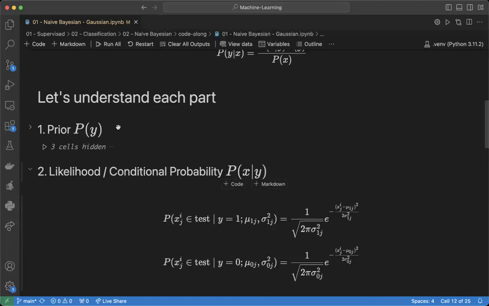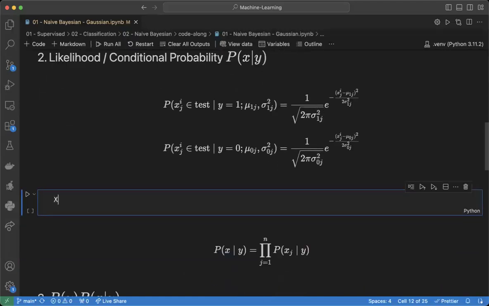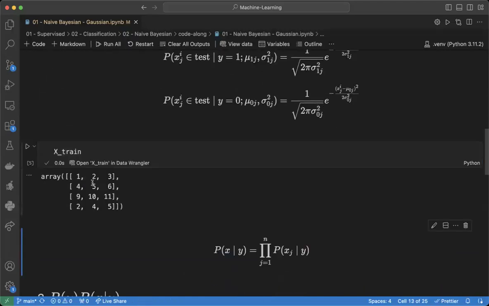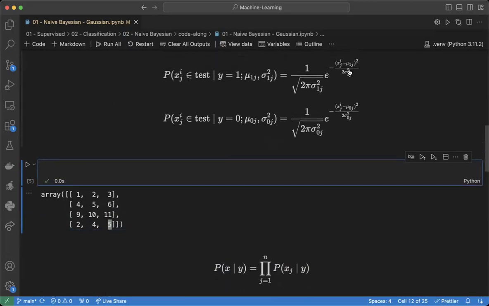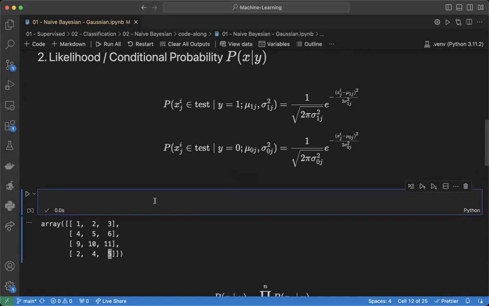So based on our data, for example X train, for class 0 it should give us 1.5 for feature 1, and 3 for feature 2, and 4 for feature 3, right? So that is something we want to create, and that would represent this number, mu. And of course, based on that number, we also need to create a standard deviation.